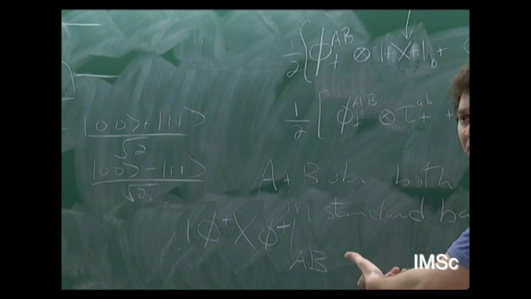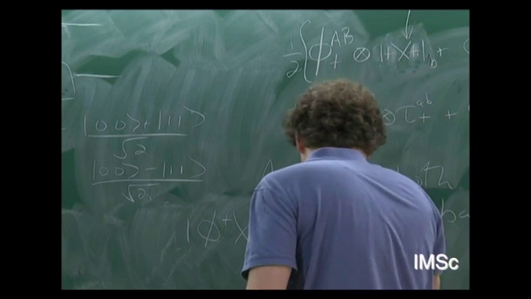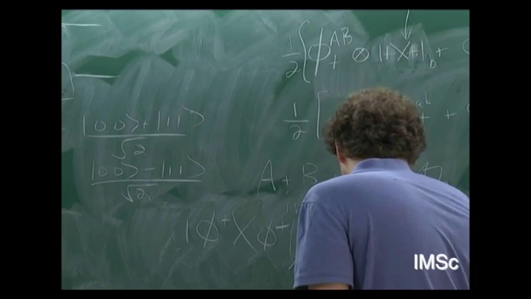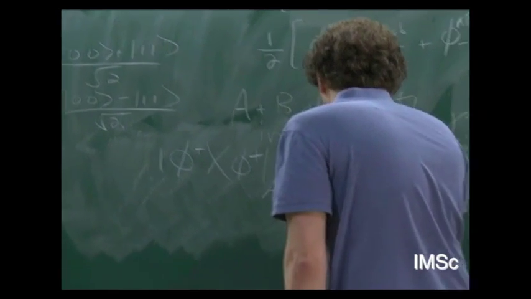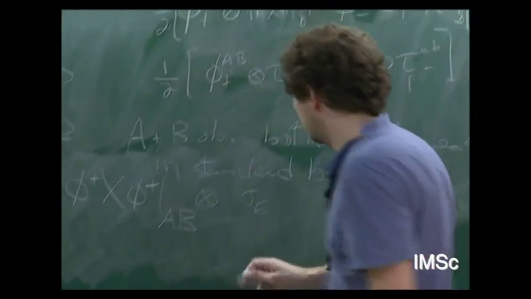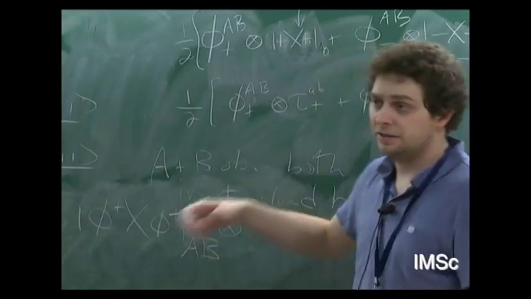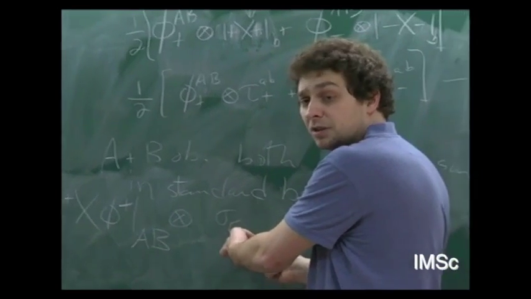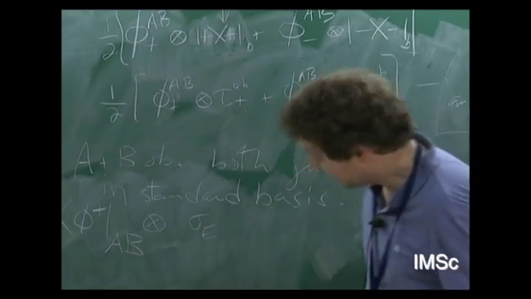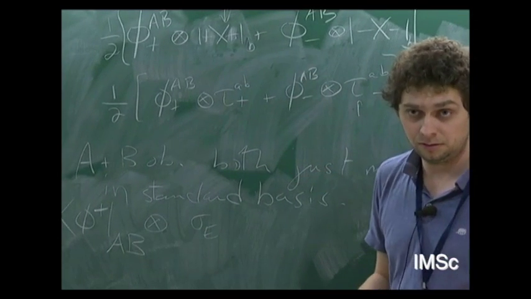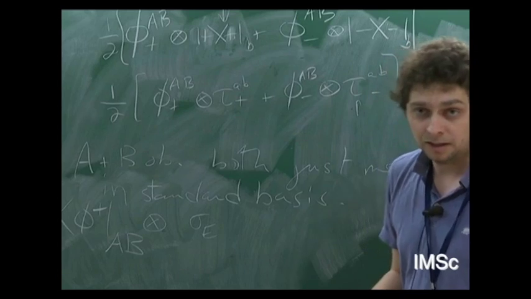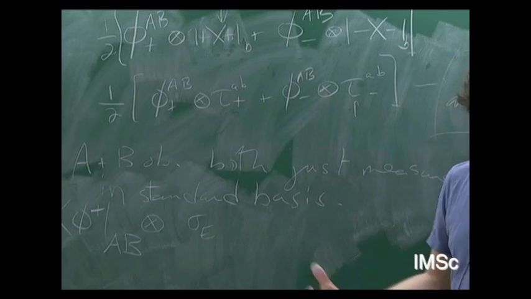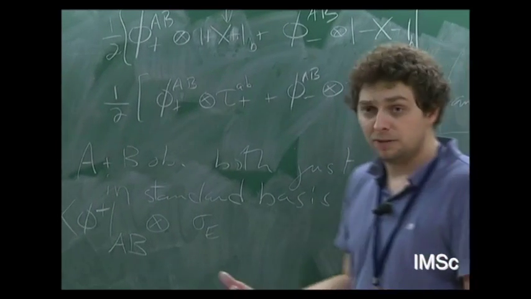There's not even an environment around here. So maybe I should write some sigma E. Any measurement outcomes here in this computational basis are going to be independent of the values of outcomes on the environment. So it'll agree exactly, and furthermore, nobody's going to know about what those outcomes are.